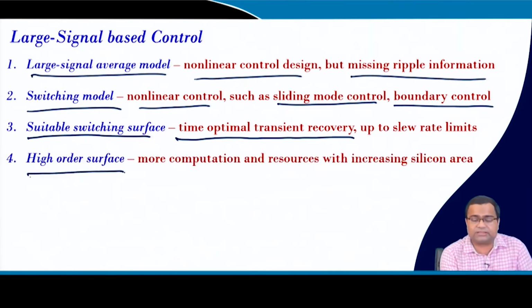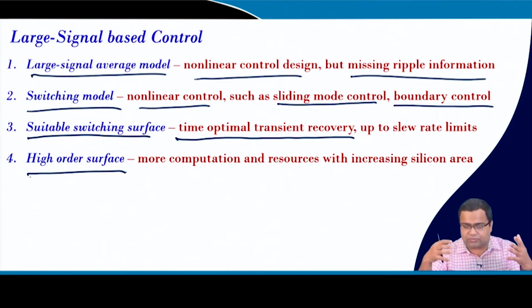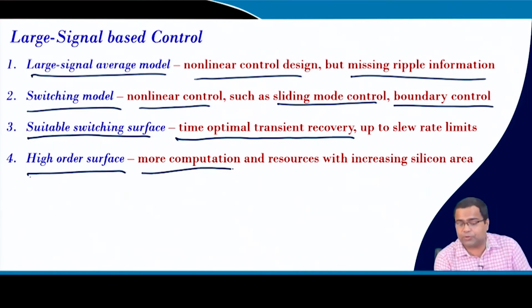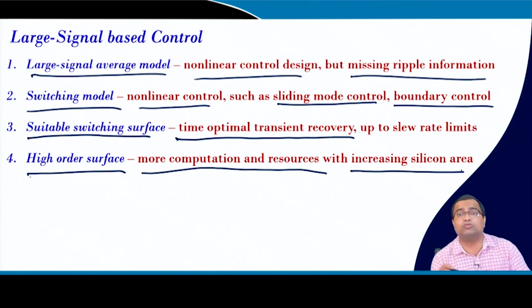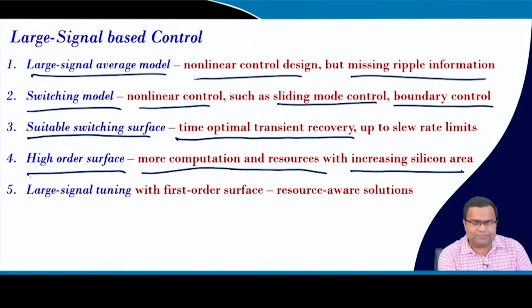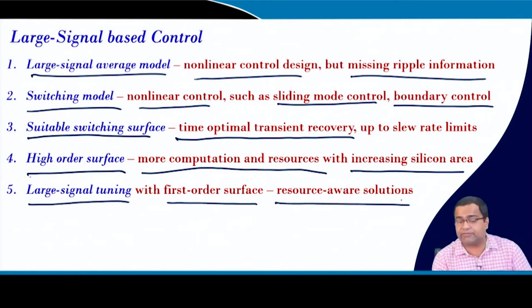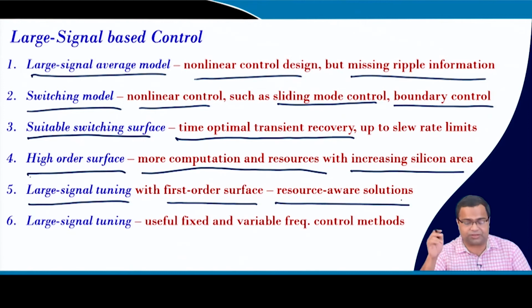The higher order switching surface tries to mimic the target trajectory, but this kind of higher order switching surface may be difficult from a computational and resource point of view, and in case of an integrated circuit it can require more silicon area. Whereas, if you go for large signal tuning, where it uses only first order switching surface, this can be resource aware and it can offer an optimal solution.